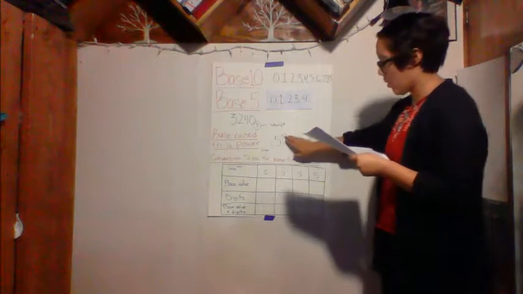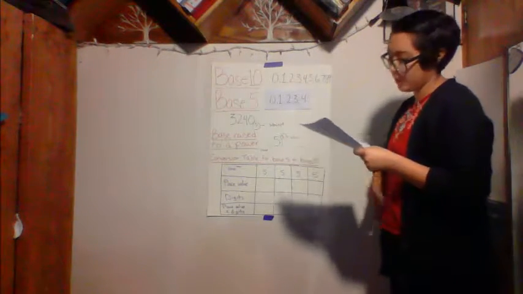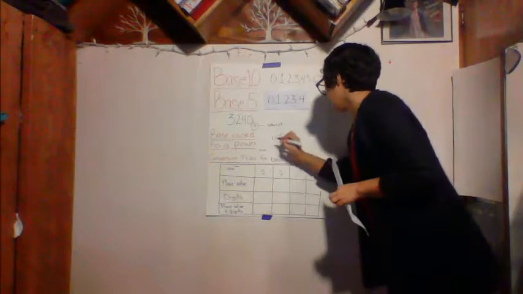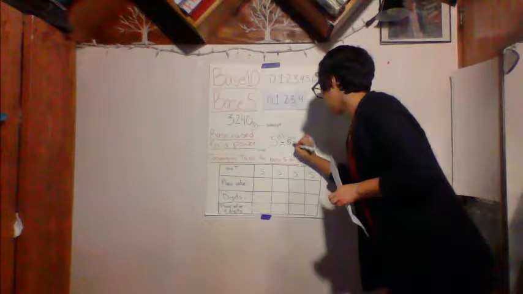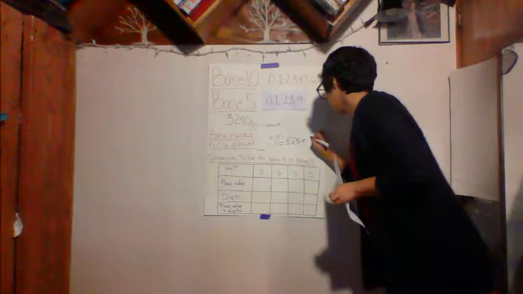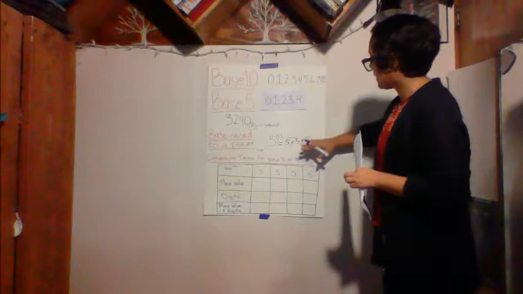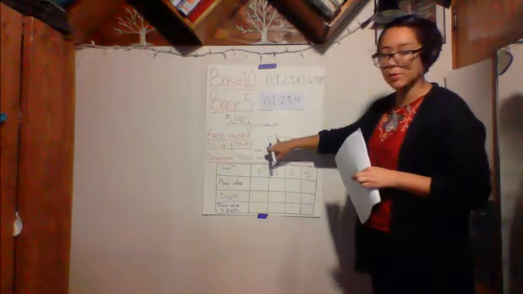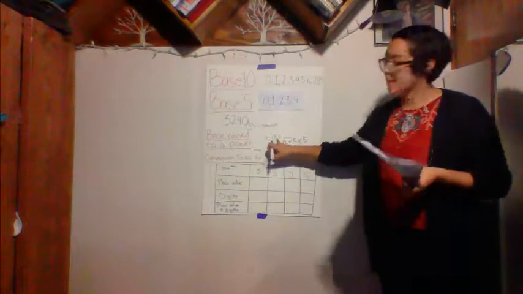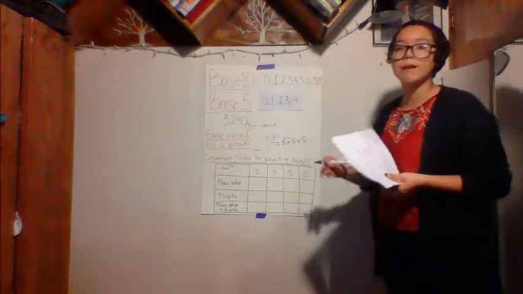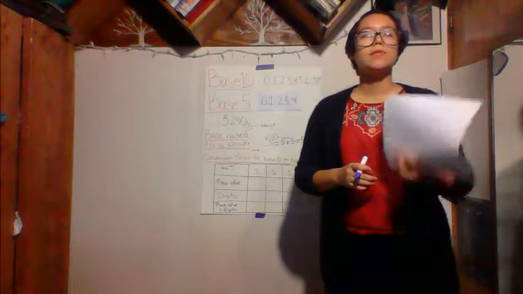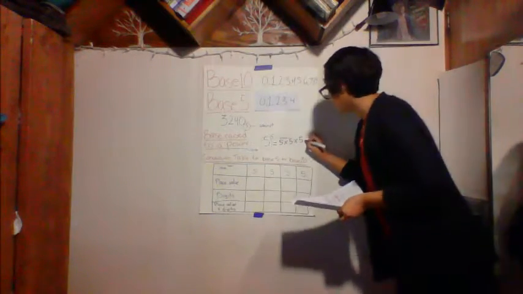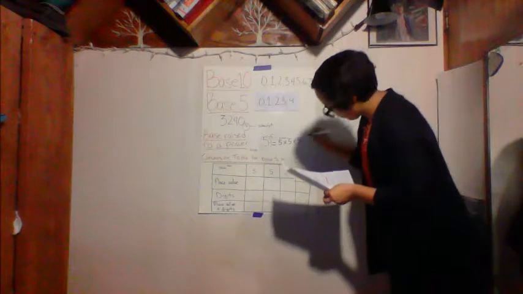What it basically means is 5 times 5 times 5, because we have that little power 3. So can anybody give me the answer of what 5 times 5 times 5 is? Yes, correct. 5 times 5 times 5 equals 125.